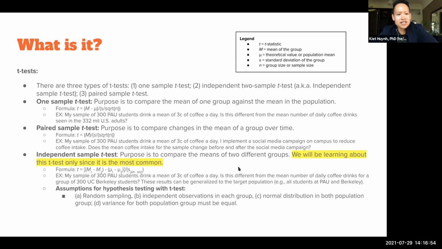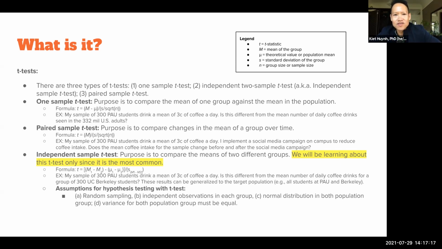Okay. So we just talked about hypothesis testing. Let's talk about the t-test. Hypothesis testing involves a statistical test, and one type of statistical test is the t-test. There are a lot of statistical tests. There's the z-test, which we learned about. There's correlation, which is a test.